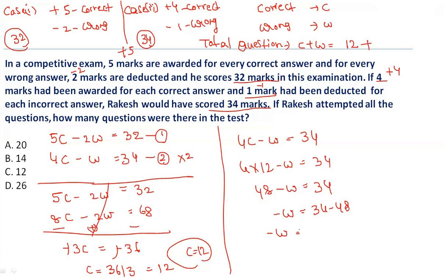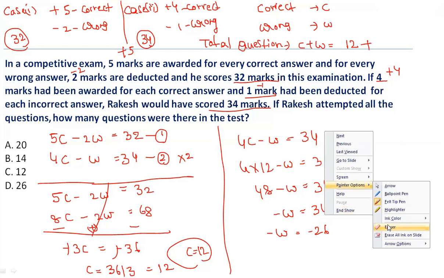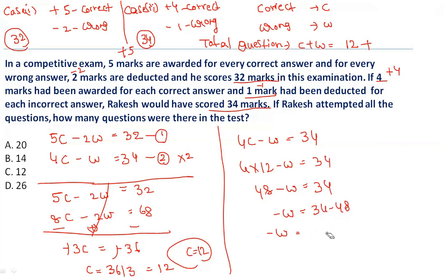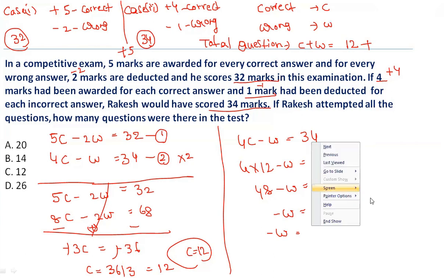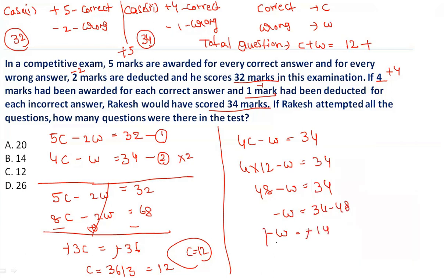What is the value of W, guys? 48 minus 34 is 14, so minus W equals minus 14. The minus signs get cancelled off, and W is 14.